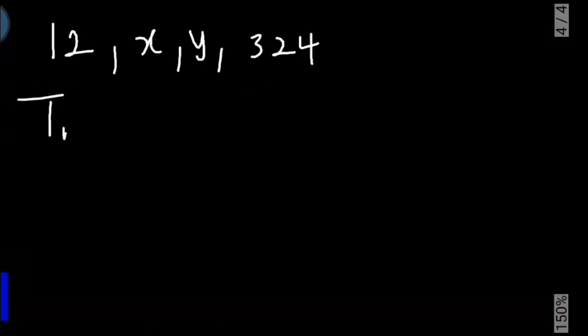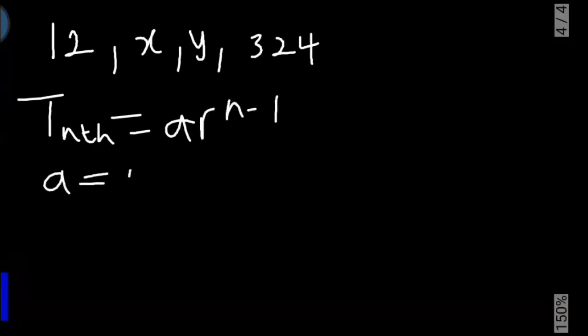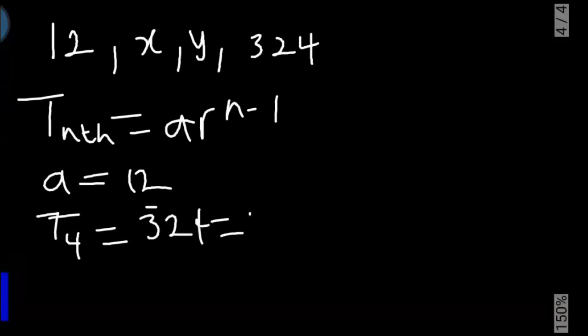Don't forget the formula for the nth term of a geometric progression is this. So we have our first term is 12, and our fourth term, which is 324, is equal to our first term 12 multiplied by r, which we are looking for, to the power of n minus 1.